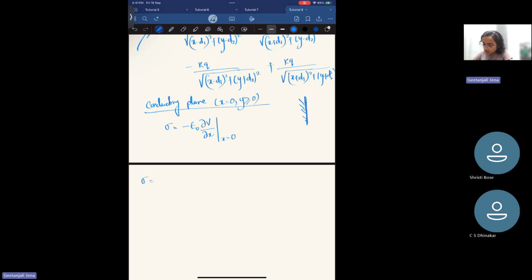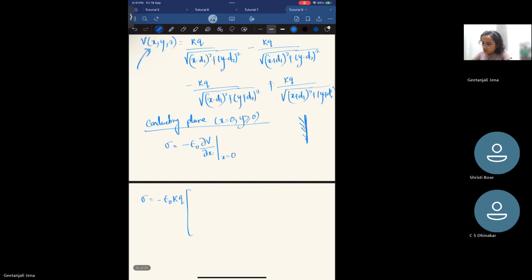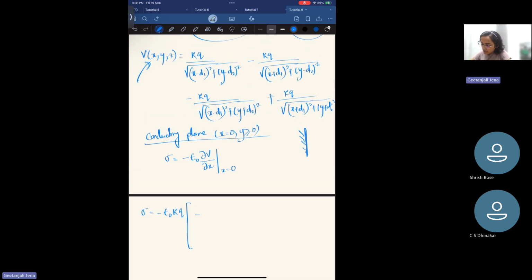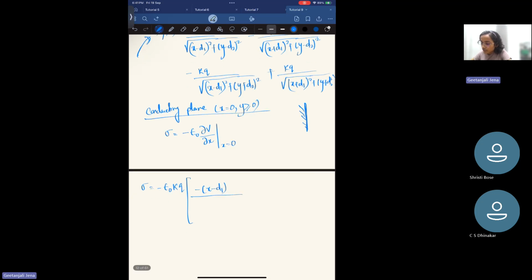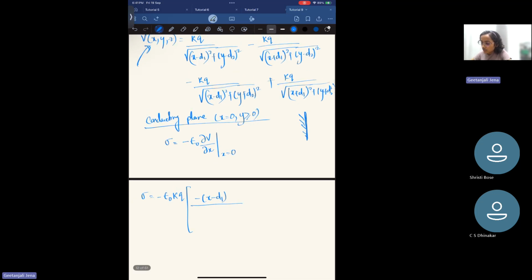So sigma is minus epsilon naught KQ. First we get minus x minus d1. There will be a 2, but the 2 will cancel with the 2 from the square, since there is a half here, right?